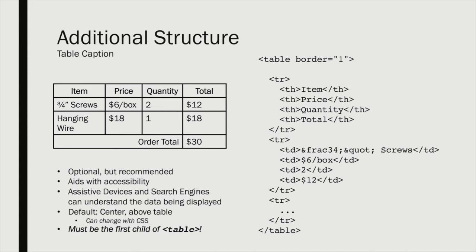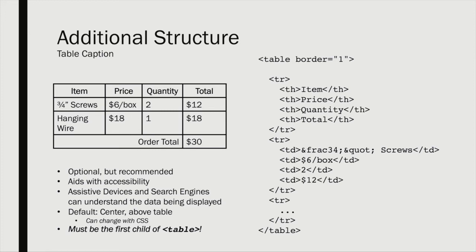Next is some additional structure. For example, the table caption. This is optional but recommended. This aids with accessibility so that assistive devices and search engines can understand the data being displayed. Because overall, the search engines and accessibility software don't know what this table means. It's just data in a set of cells.